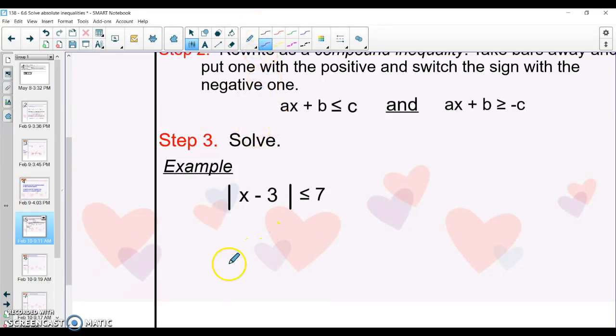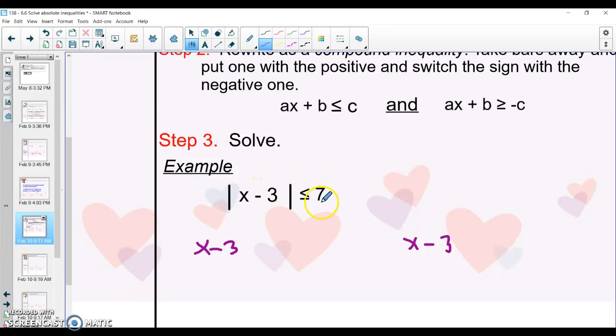So my second step is rewrite it. So I take what's on the inside, x minus 3, and I'm going to do it the same, x minus 3. Notice how even though I'm going to take the opposite on one of these, that's a really awful 3, isn't it? What I'm going to do is I don't worry about anything on the inside.